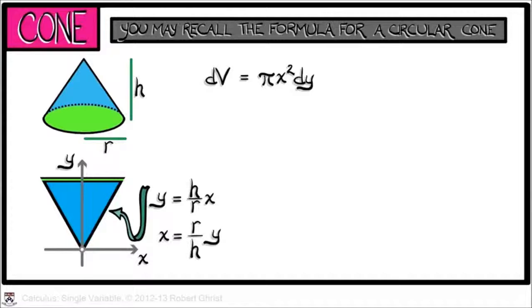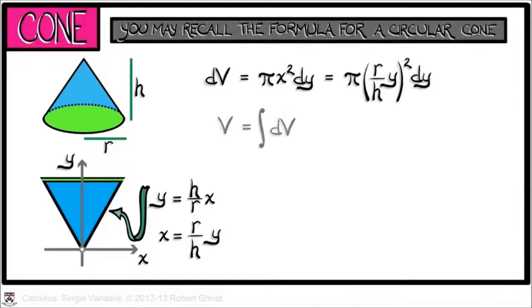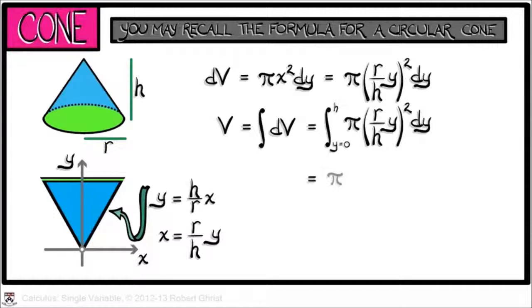Solving for x as r over h times y, we substitute into the formula for the volume element to obtain pi times quantity r over h y squared dy. And now, to compute the volume, we integrate this volume element as y goes from 0, the bottom, to h, the top.